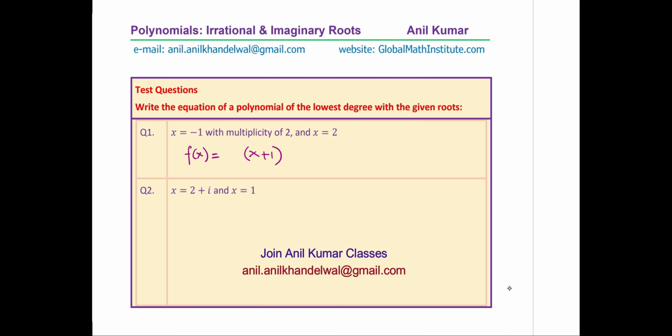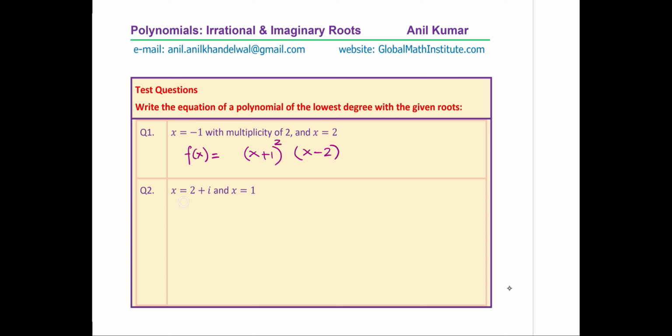Multiplicity of 2 means there are two such roots and so it will be squared. You get the idea. So that is how you're going to write the term. And the second term, x equals to 2 means x minus 2 is the factor. So that is how you could write your function. Now here, it could be any number. We'll leave it 1 for now, right? So I hope you get the idea.